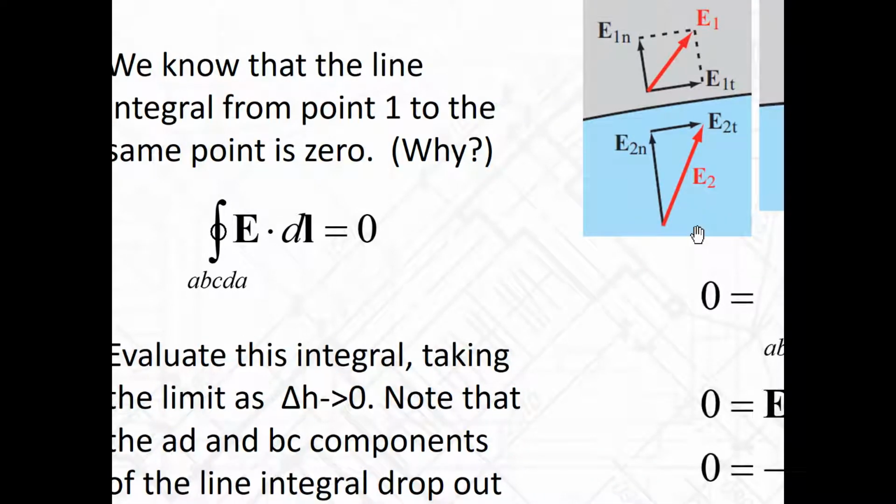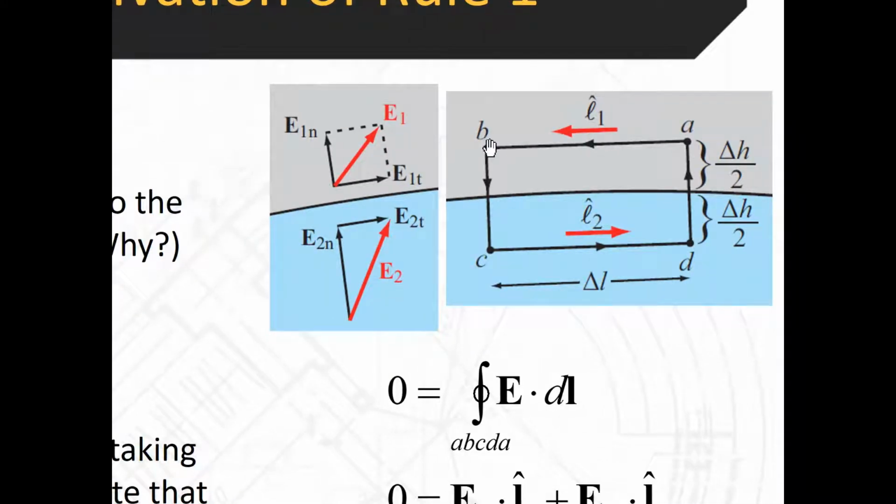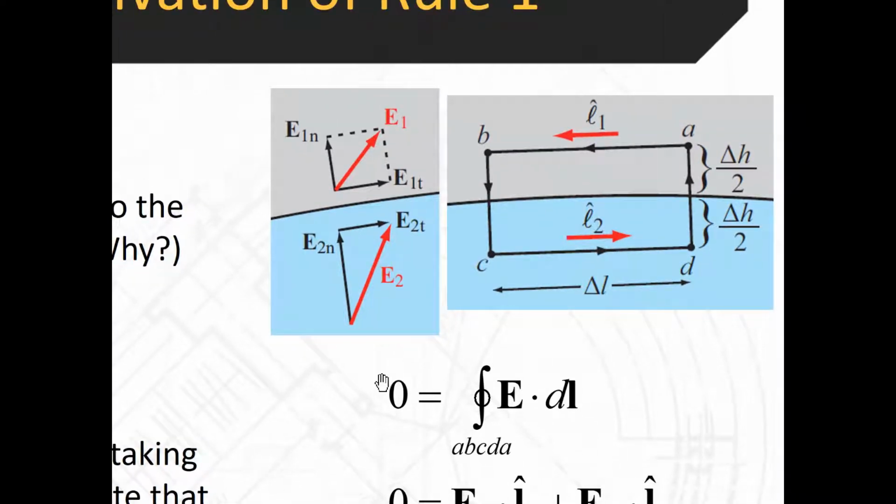We are taking E dot dl along this rectangular contour, A, B, C, D, A, going counterclockwise around it. Stokes' law says that if we do this line integral around that contour, it has to be equal to 0. Around any contour, that line integral must be equal to 0.